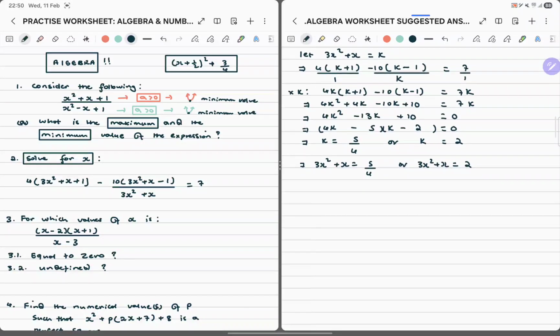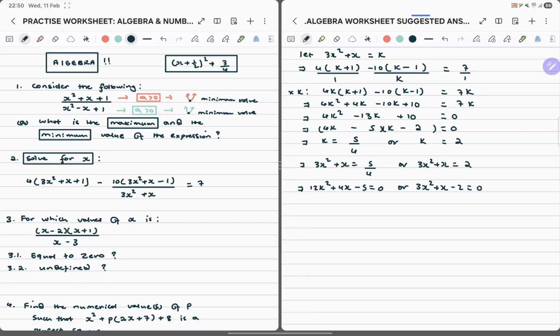Can you see, guys? Pain. Now, what do we do? Multiply here by the common denominator. 4 by 3, that's 12x squared plus 4x minus 5 equal to 0. We're writing our quadratics in standard form. We get 3x squared plus x minus 2 equal to 0.